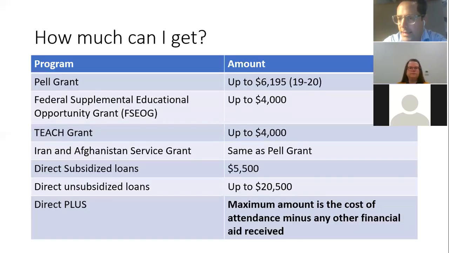So how much can you get? If we look at the Pell Grant, this year it typically goes up with inflation, but right now, 1920, and what you're going to be applying for probably on this call is a 2021, 2022 FAFSA. And by the way, if that's confusing to you, the FAFSA is named after the year that you're going to enter school.